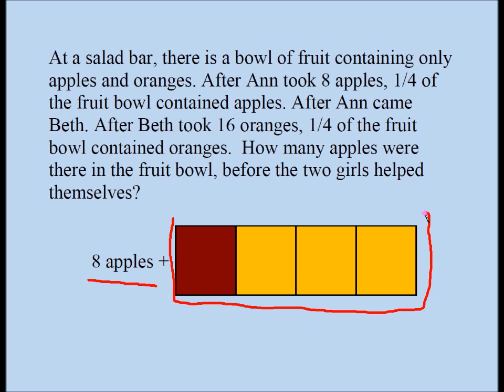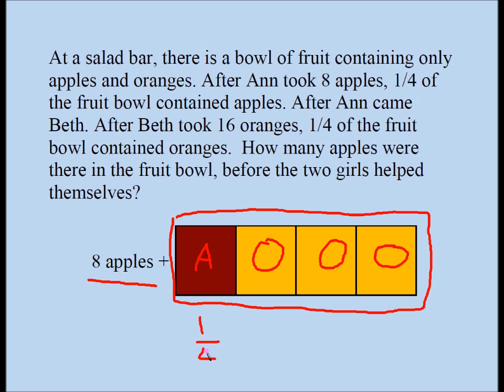The dark red represents apples, and the orange color represents oranges. So Anne took 8 apples, and 1/4 of the bowl was apples, and of course that implies 3/4 of the bowl contained oranges only. That's from the first line.